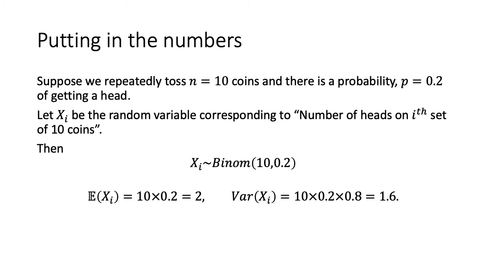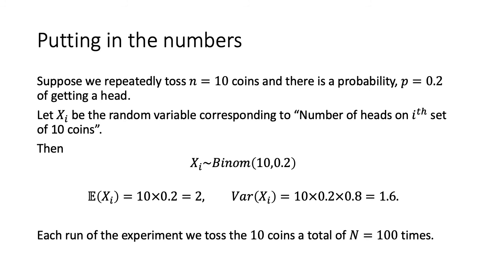So we're dealing with a binomially distributed random variable with parameters 10 and 0.2. We can very easily work out the expectation and variance of each of these random variables. Expectation is 2 and variance is 1.6. And we're going to suppose that each run of the experiment, we toss the 10 coins a total of capital N equals 100 times in this case.